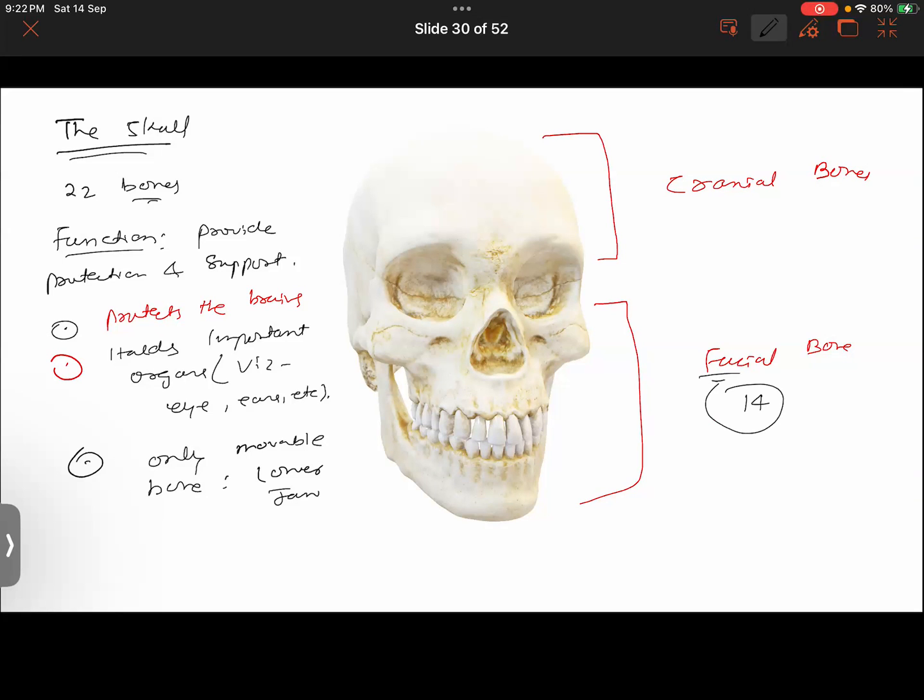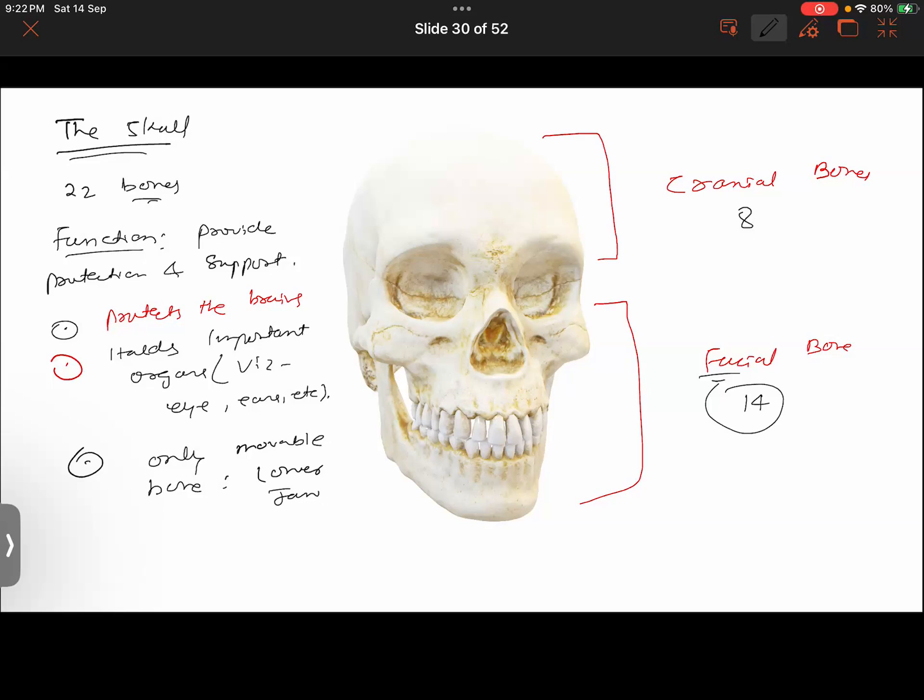Hope you can see it over here. This is one fraction of the bone, there is another fraction, so in total there are about 14 fractions of bones that make up our face. And then there are about 8 cranial bones that form the upper part of the skull. Mainly, they protect our brain. So that is all about the structure of the skull.